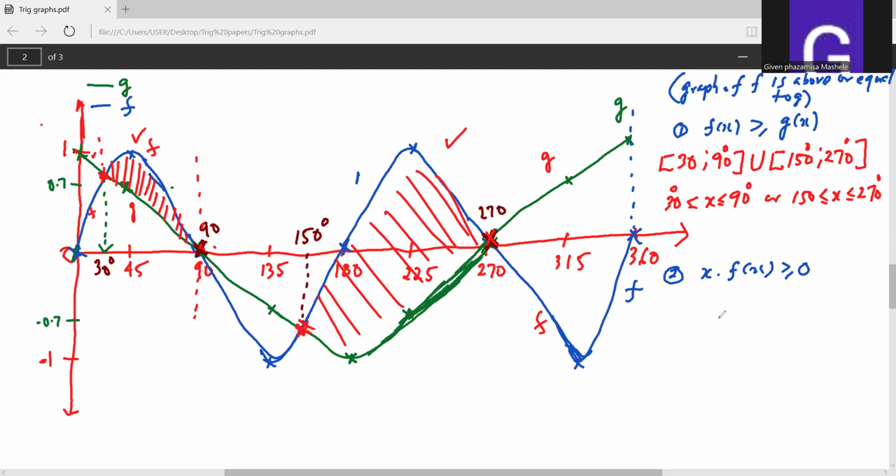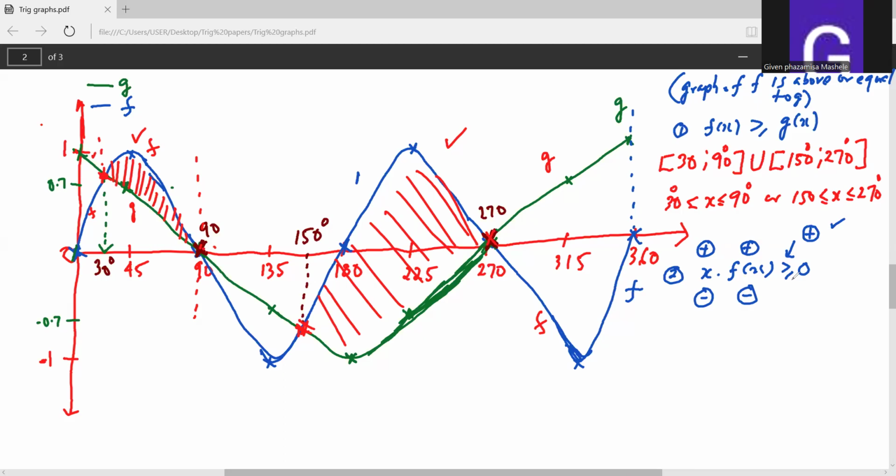When we say greater than or equal to 0, it means we want this to be positive, because any number that is greater than 0 is positive. And how can this be positive? We have two ways. It's either x is positive and f is positive, or x is negative and f is negative, because positive times positive will be positive, and negative times negative will be positive.